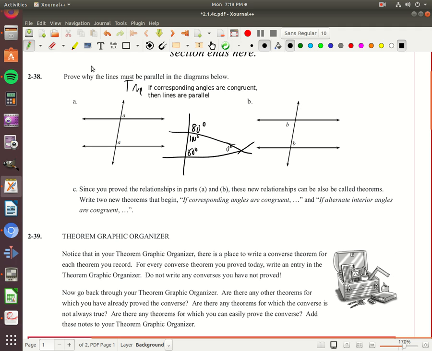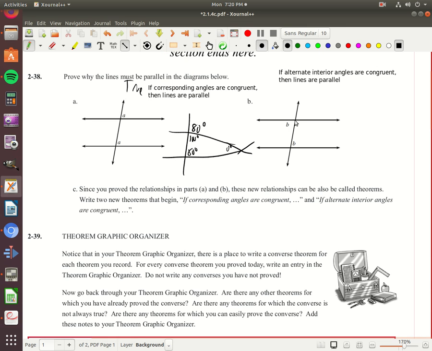Well, what about this one? Here, we're going to say, if alternate interior angles are congruent, we're going to assume that's true, then lines are parallel. We're going to assume that's false. So here we go. And geez, I'm going to make the straight line tool, because my goodness, I cannot do this to save my life here.